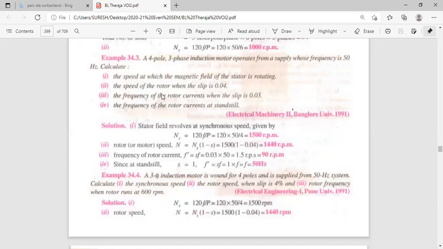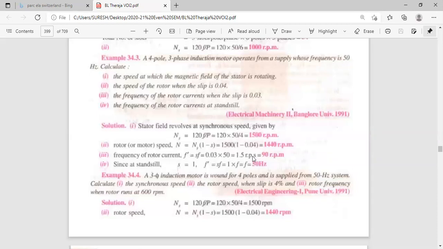Sometimes they'll ask this entire problem for 5 marks. Next, frequency of the rotor currents. In the previous case, slip is 0.04. Now in the third bit, they are taking slip as 0.03. And we know the formula for frequency of rotor currents, F dash is equal to sF. S is 0.03, frequency is 50.